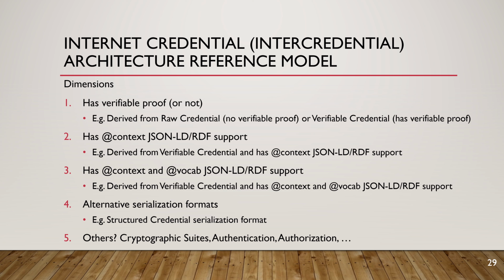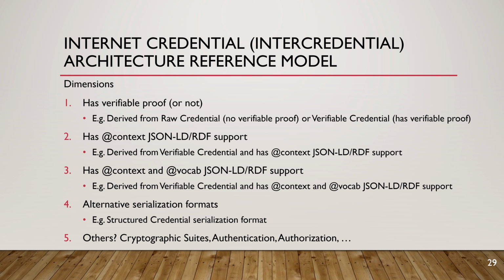That means it's derived from a verifiable credential and has both of those tags present in the verifiable credential. Four is, as you will see, the fourth column in the architecture reference model for InterCredentials, and it's on the horizontal axis, but it's really talking about something different, alternative serialization formats, and in this particular case, structured credentials.